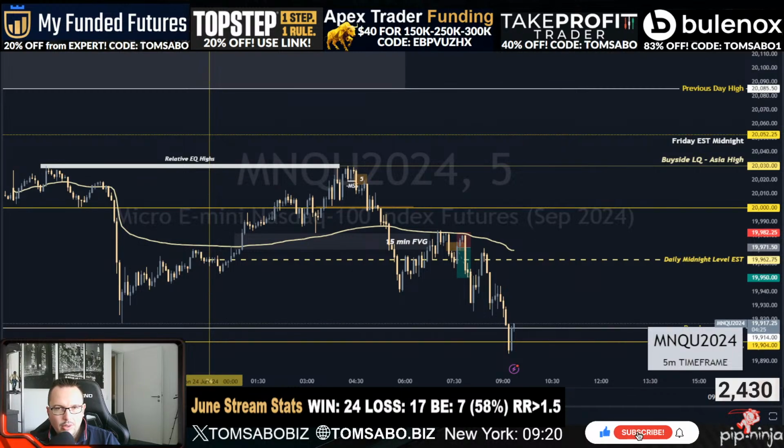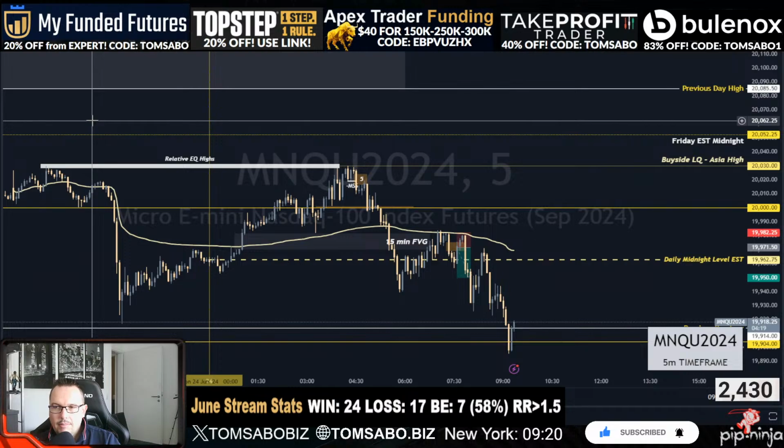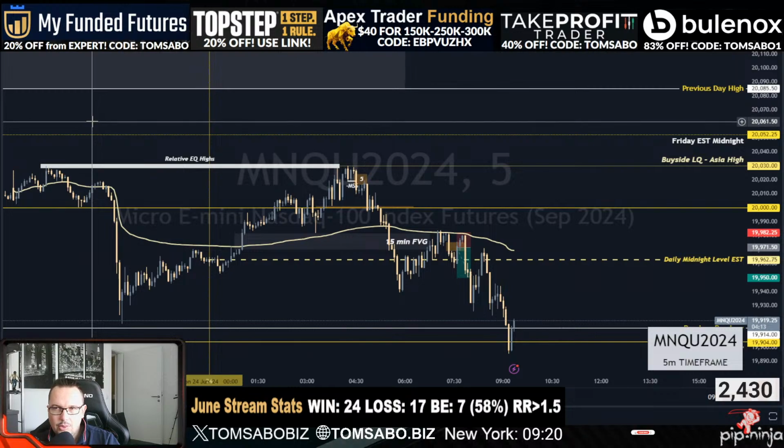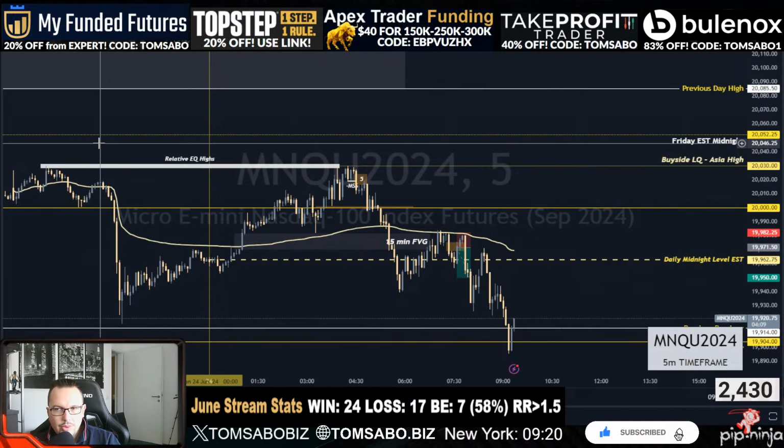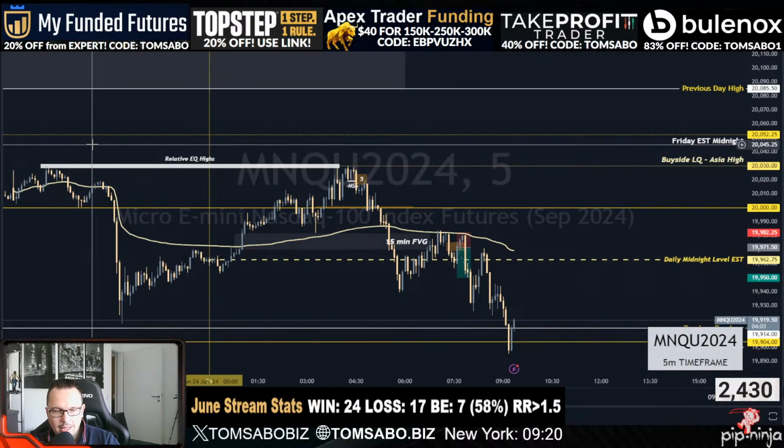I would say don't go bigger than 100K with BULENOX because the activation fee is insane. But trading wise and risk wise, 25K is good for those traders going for base hits, micros, small steps, not rushing it, step by step.